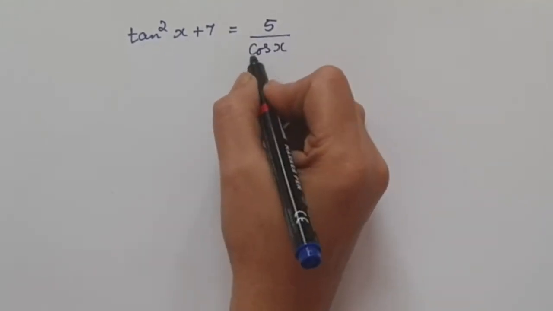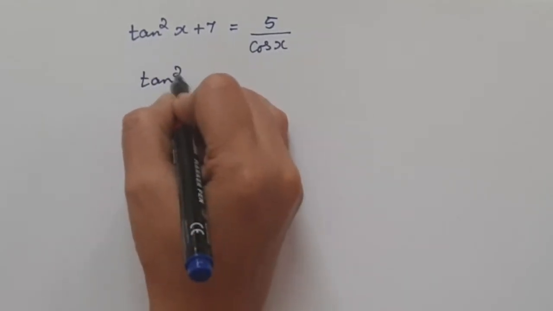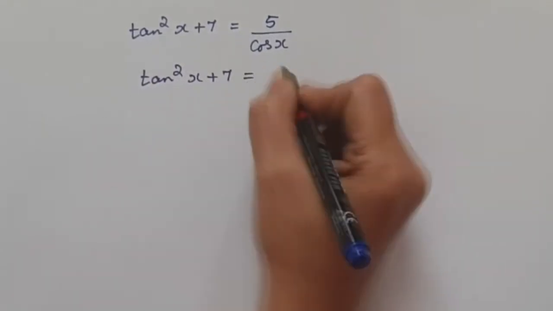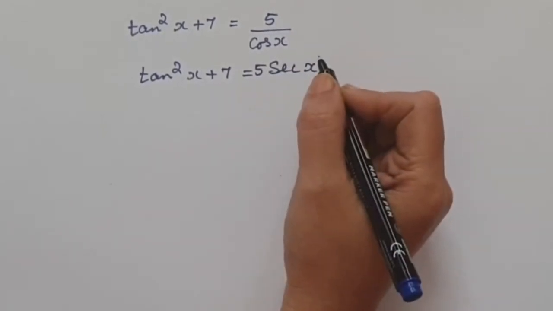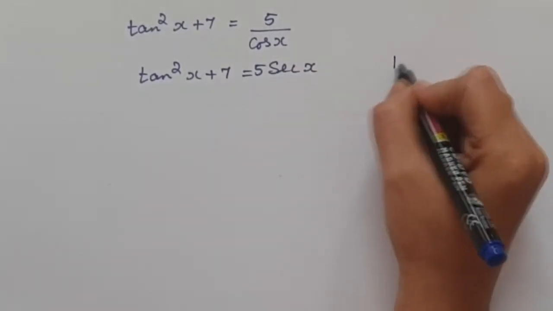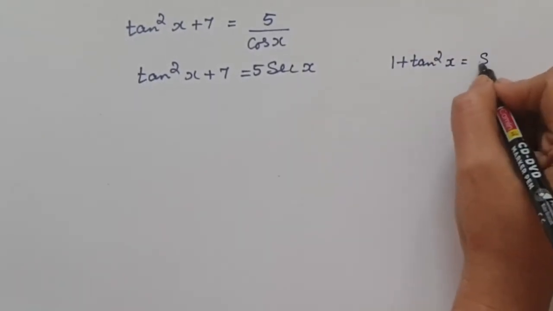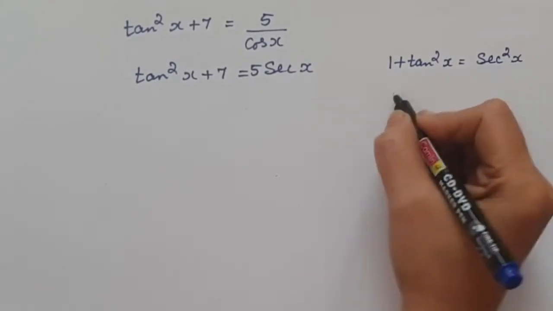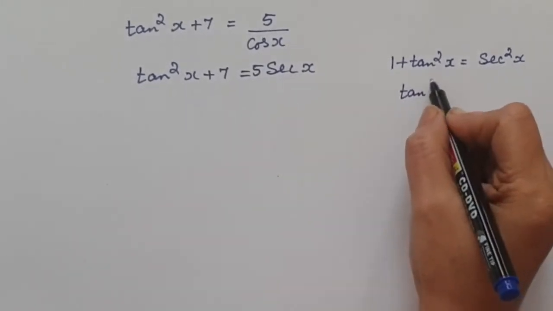5 over cos x, when it is cos, we have to write it as sec. So tan squared x plus 7 will be equal to 5 secant x. And we have a formula 1 plus tan squared x equal to secant squared x. So from this we have a tan squared, so we convert it into secant squared.